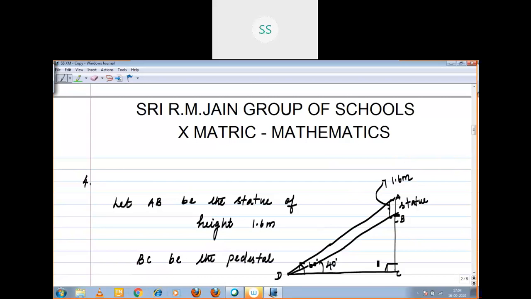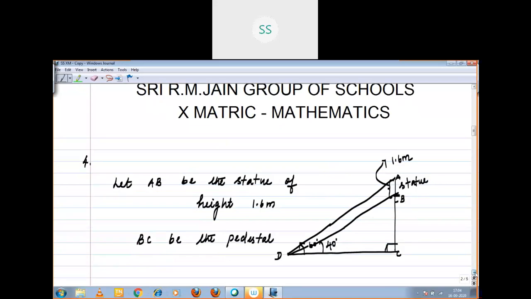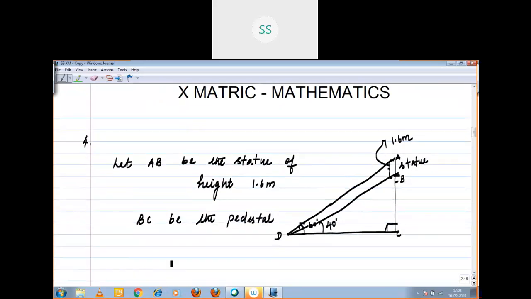Now, in triangle BCD, what is the angle BCD? In triangle BCD, angle C is equal to 90 degrees.